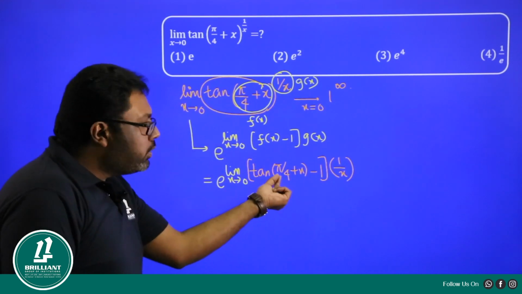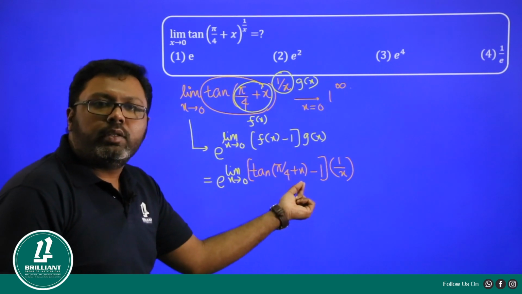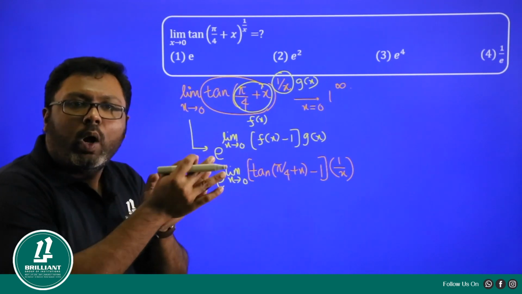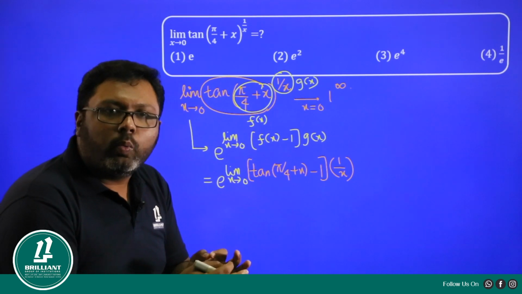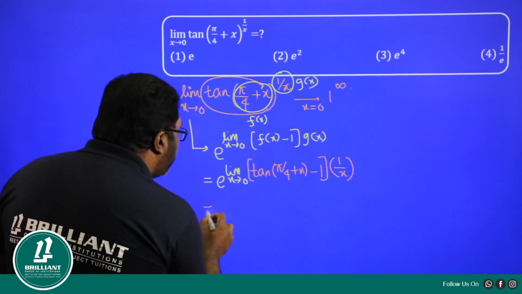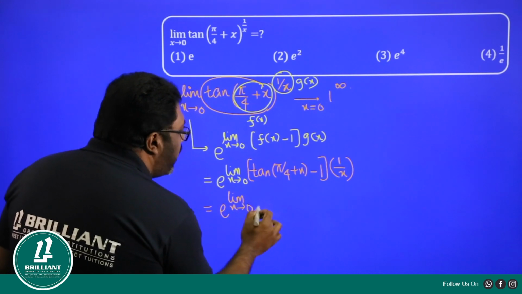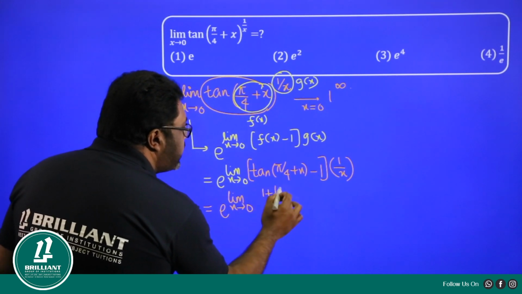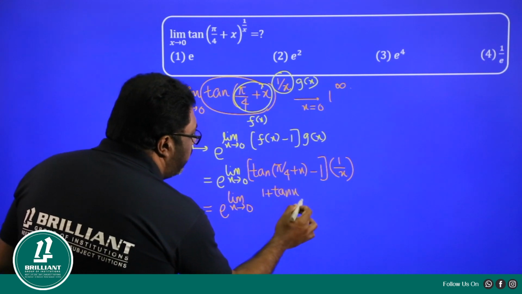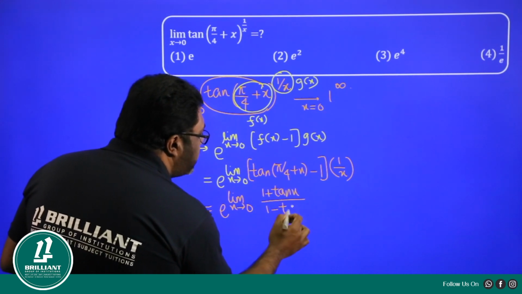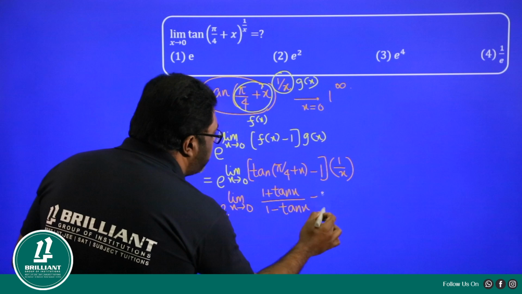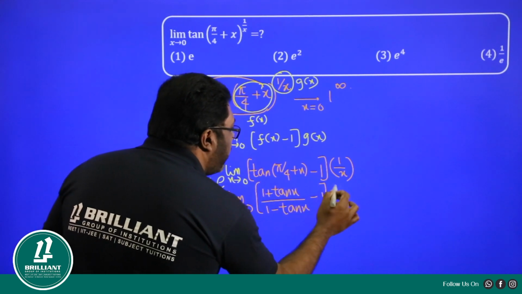Now you know this, tan of 45 plus x is 1 plus tan x by 1 minus tan x. Apply that formula, please. You can write it as limit x tends to 0, 1 plus tan x divided by 1 minus tan x minus 1 into 1 by x.